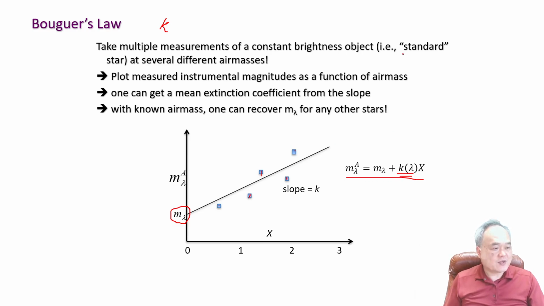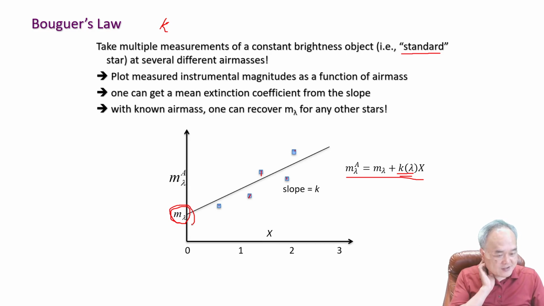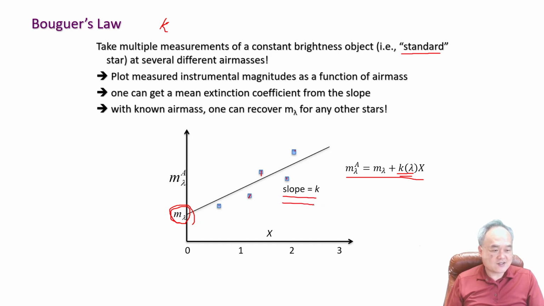So by observing the known brightness standard star at many different air masses and plotting this straight relationship, the y-intercept should be the magnitude outside of the atmosphere, and the slope is basically this k, the extinction coefficient.